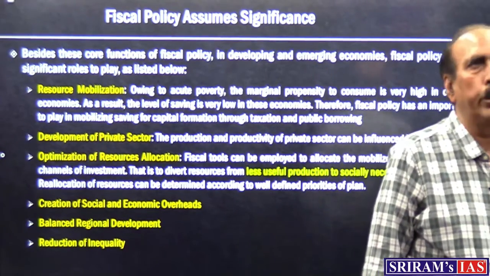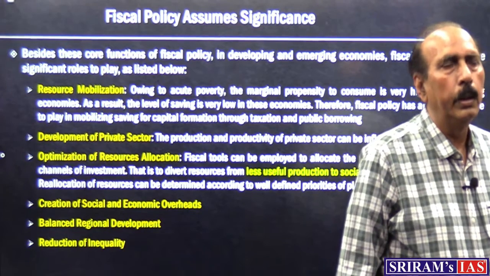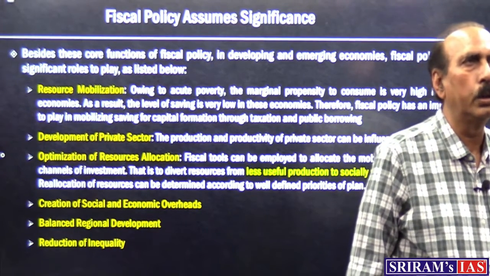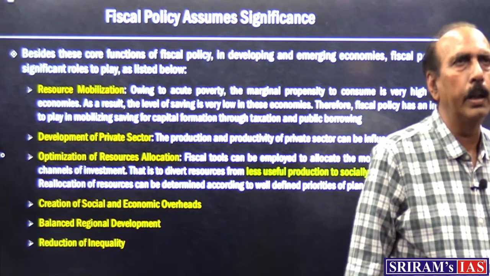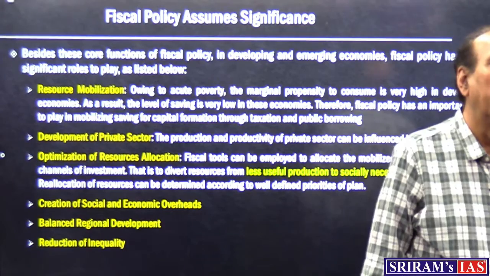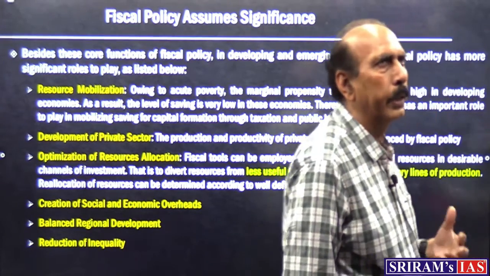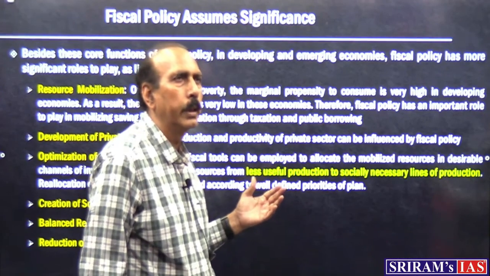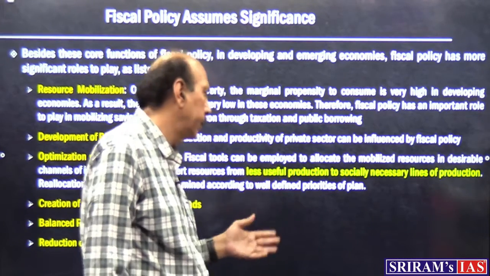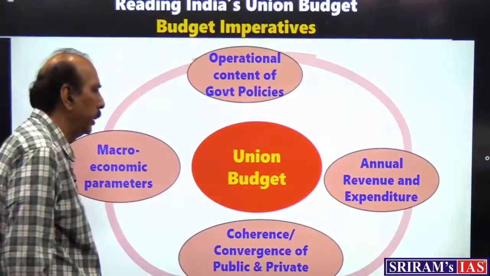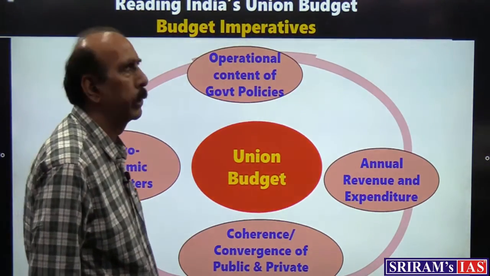They also have to ensure resource mobilization. They also have to ensure that private sector actions are in consonance with the socially determined goals, that is, the goals set by the government. And this is the basic function of the fiscal policy in the developing countries, and this function is attained by the government through the budget.